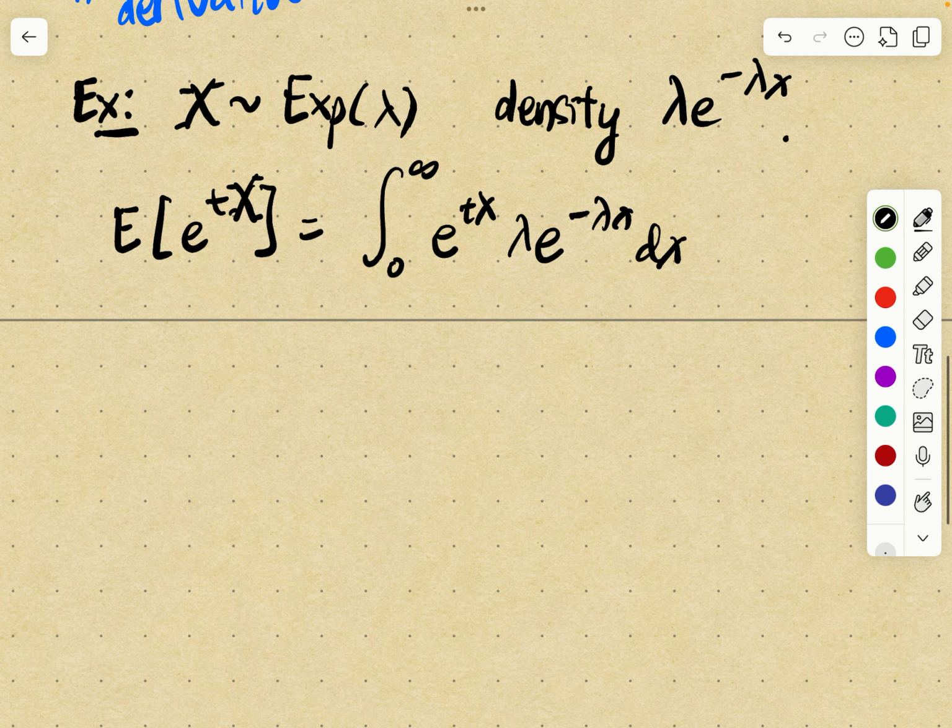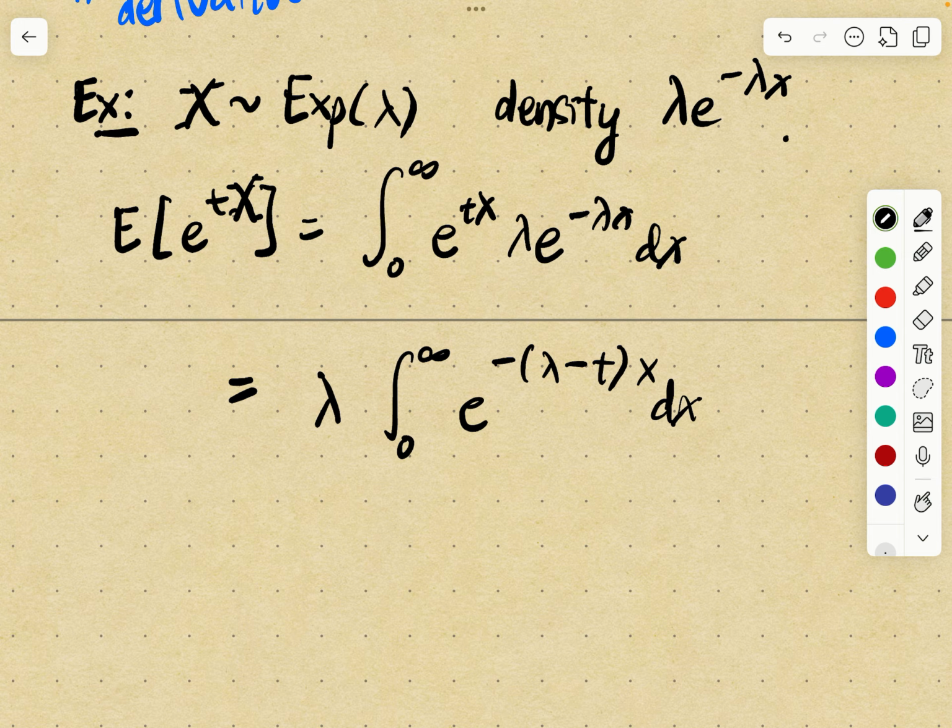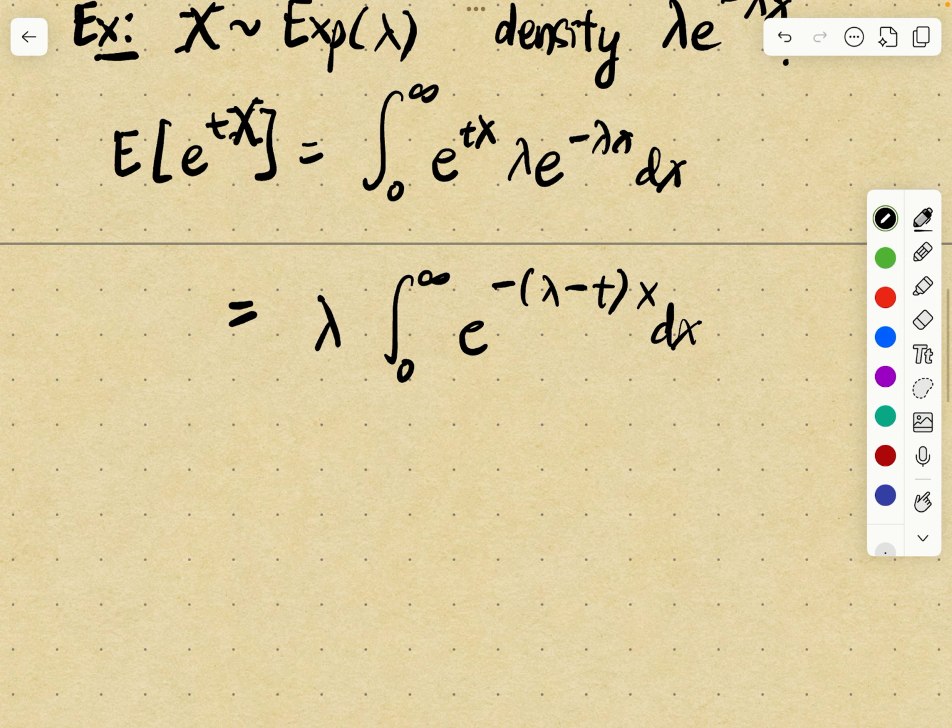Now we calculate the integral. We can pull out the lambda, and then combine the terms: it's e to the negative parentheses lambda minus t, times x. Remember, we want an integral where it's e to the minus something.